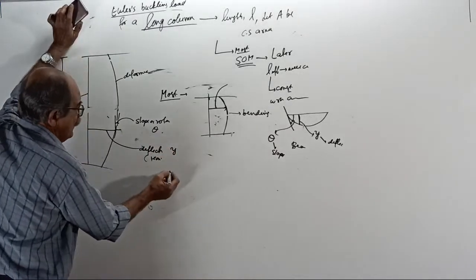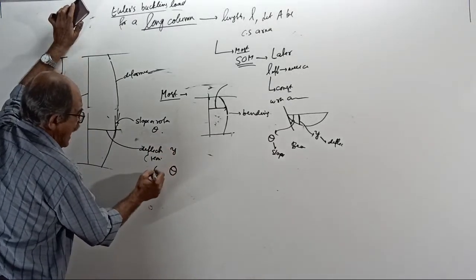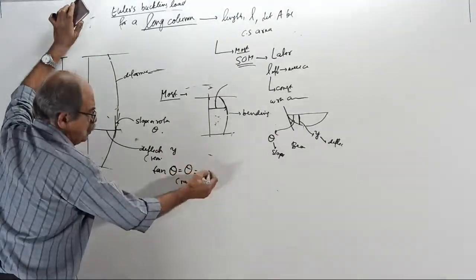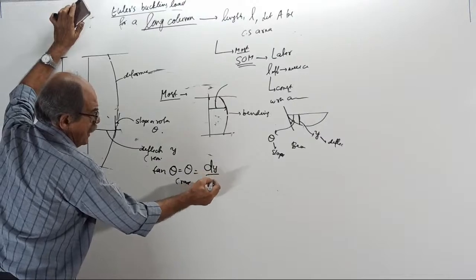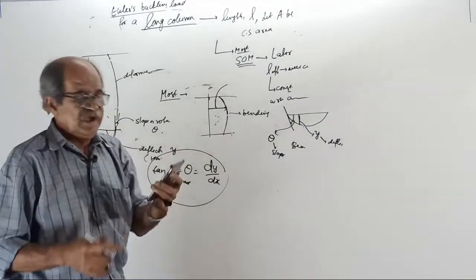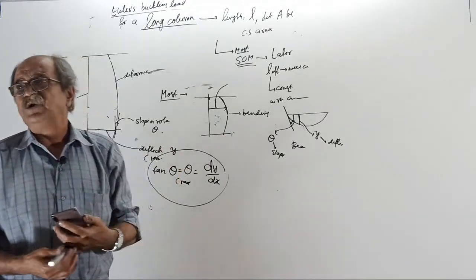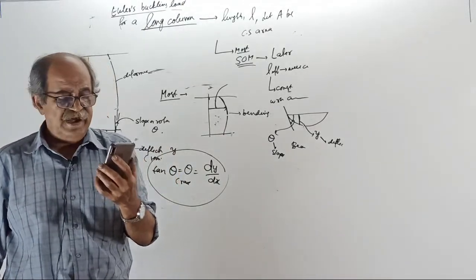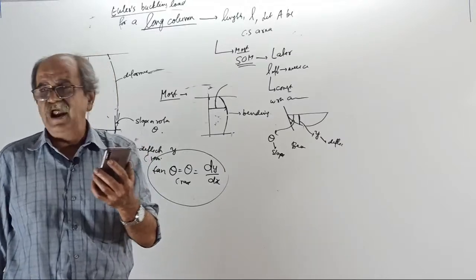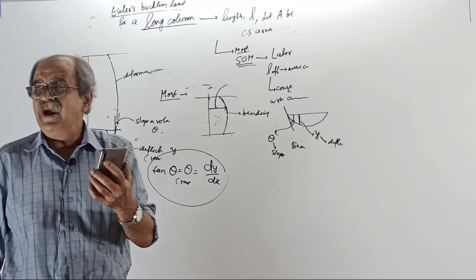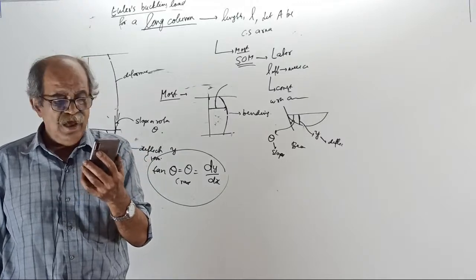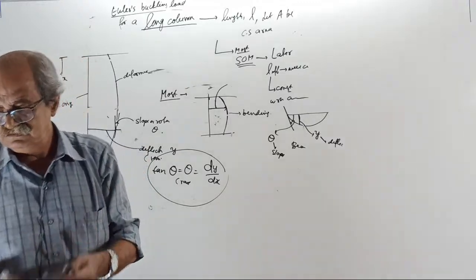And you should know that tan theta equals theta in radian, equal to, do you remember? dy by dx. Yes or no? Very important. Tan theta, that is theta, equals dy by dx. Correct or not?